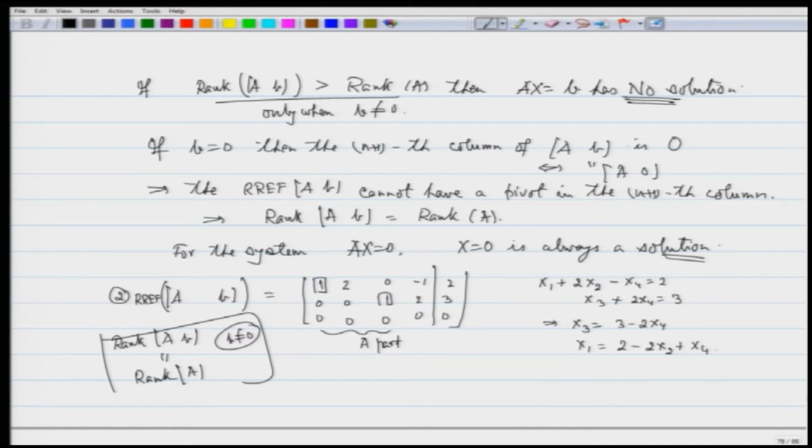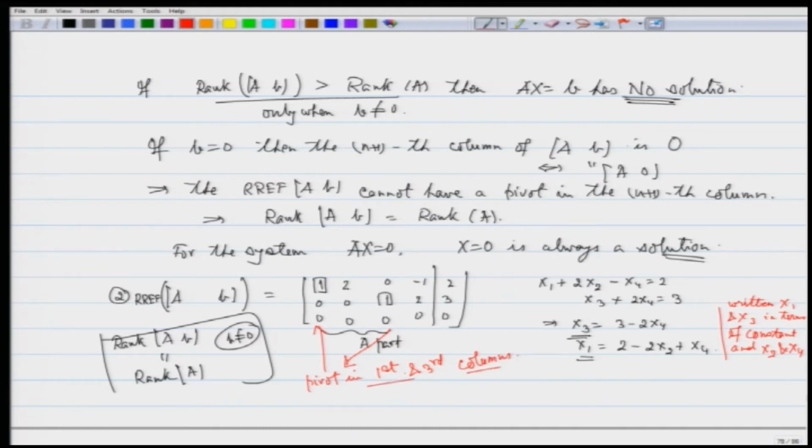What we are doing is writing x1 and x3 in terms of constants and x2 and x4. Look at the pivots. The pivots are in the 1st and 3rd columns.